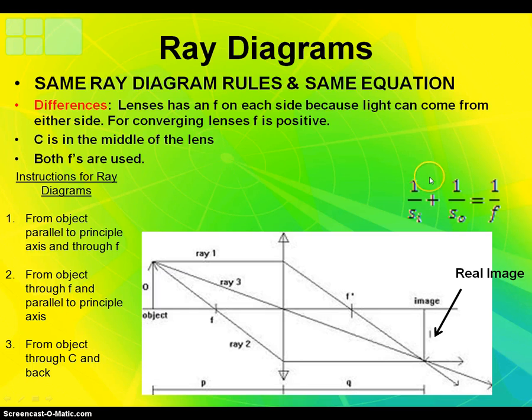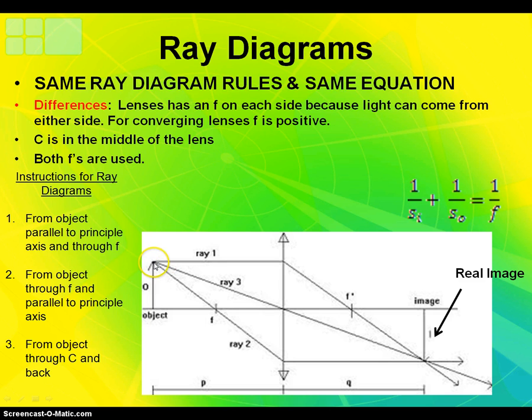The equation is the same: 1 over s image plus 1 over s object, or the position of the image and the object, is equal to 1 over the focal length. The rules for the ray diagrams are the same. The first ray goes from the object parallel to the principal axis and through F.